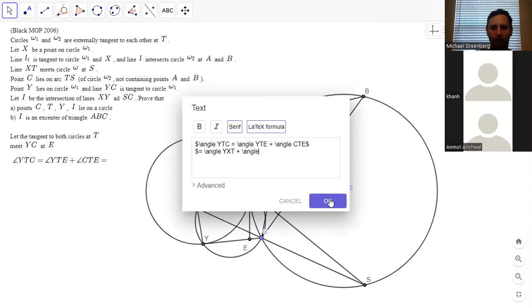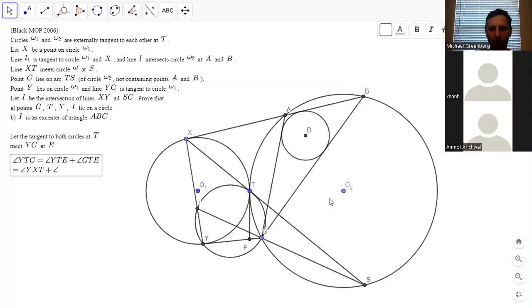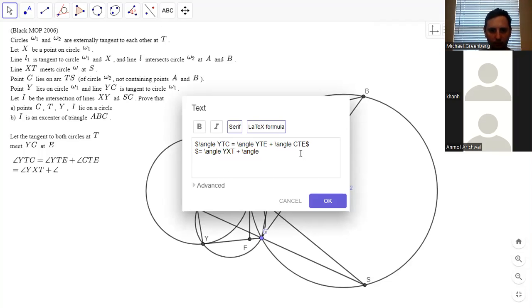And that's going to be plus angle TSC, which is equal to angle YIC.